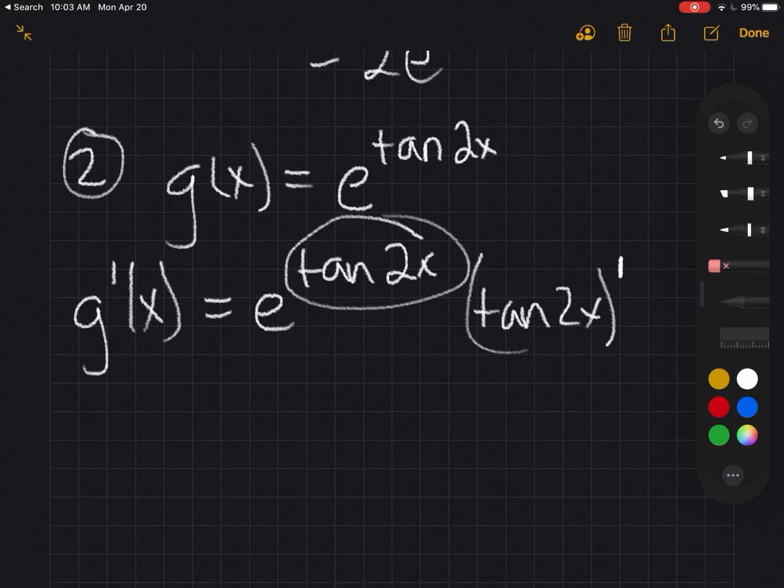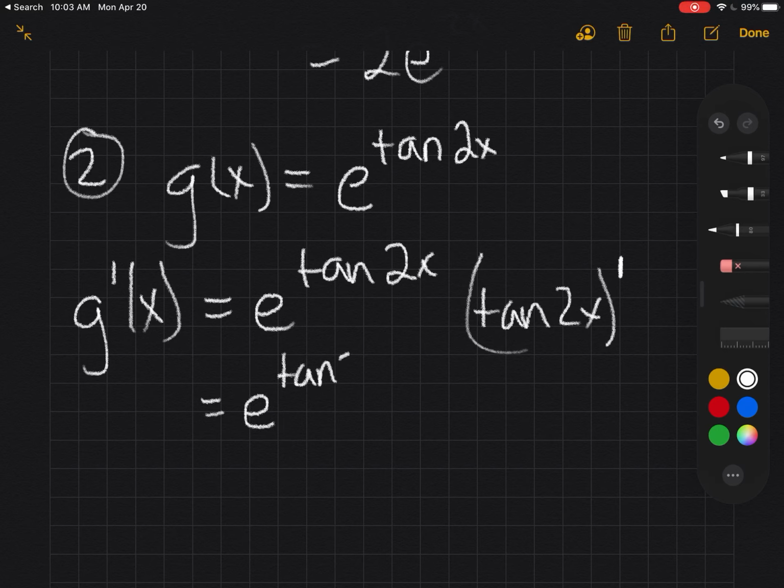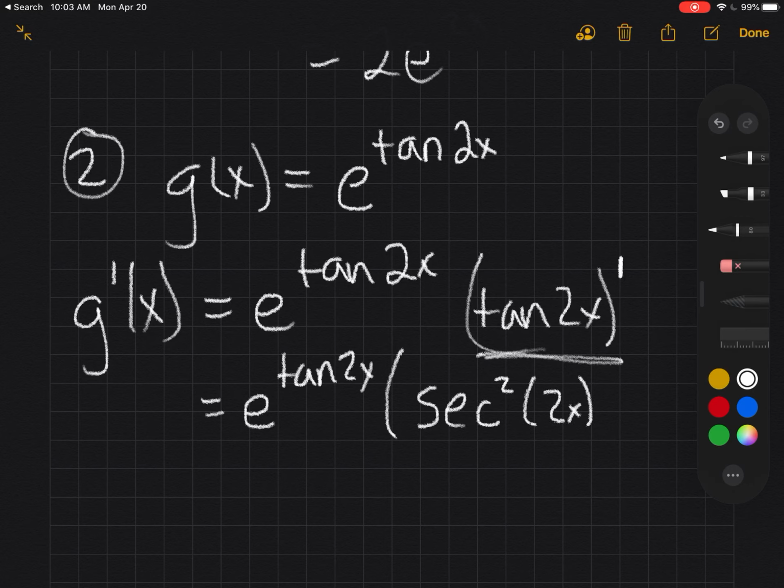So if I take g prime of x, the exponential is my outside function, and it stays exactly the same. So I have e raised to the tangent of 2x. Now I want to take the derivative of this inside function and multiply by the derivative of the tangent of 2x.